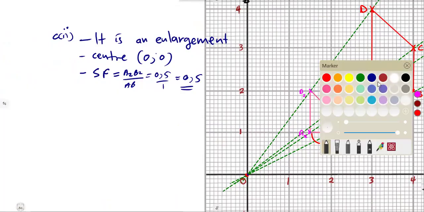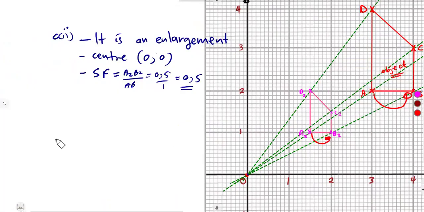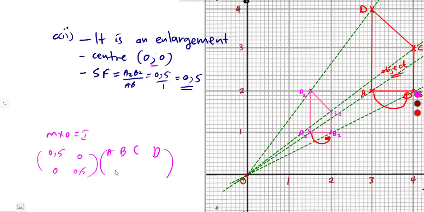Remember, if we take the matrix for enlargement, matrix times object, we must get the image, if the center is 0, 0. So with the scale factor of 0.5, our matrix is 0.5, 0, 0, 0.5. You take the coordinates of the object, which is A, B, C, D, and multiply them by this matrix.